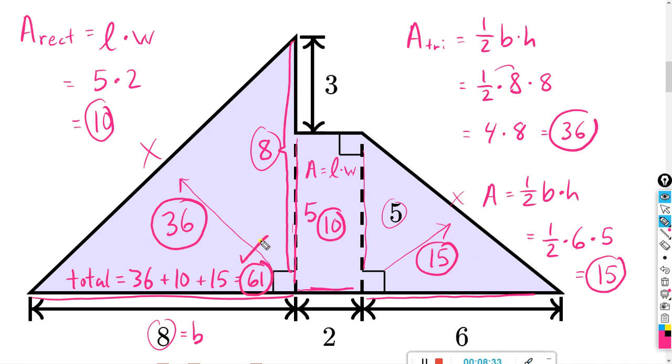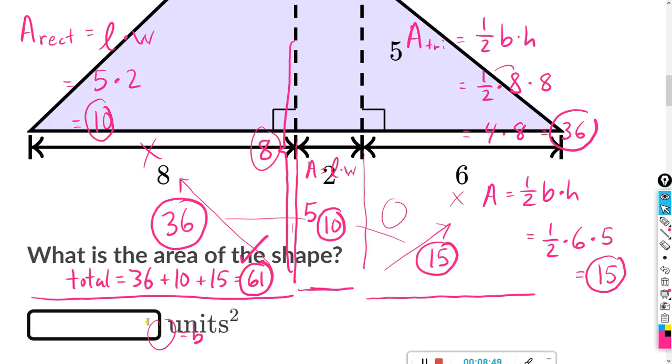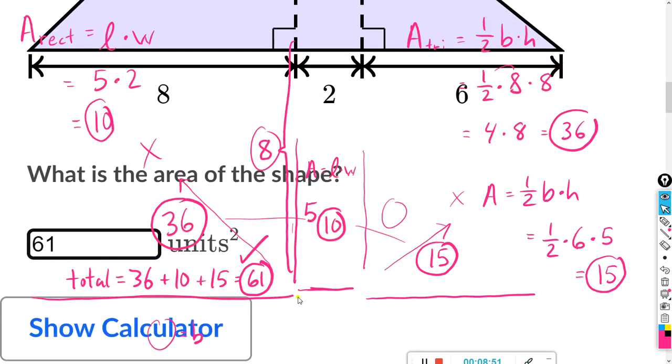Final answer. So I basically found the area of this triangle and this rectangle, and then added all 3 of them together, and I got 61. So just click inside the box and type 61.